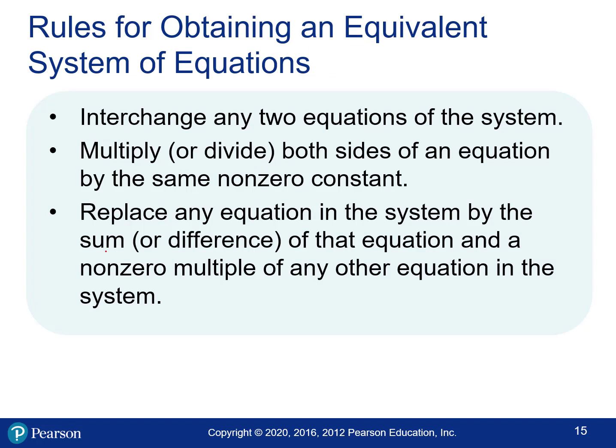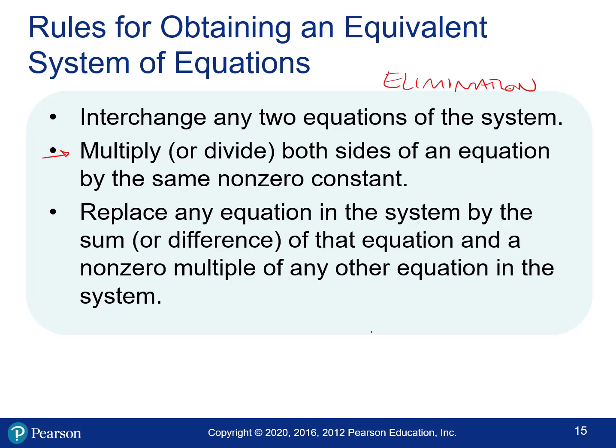All right, so let's just go back to this slide real fast and make sure that you understand your options. When you're solving a system of equations using the elimination method, you can change the way your equations look by doing these things. So you can multiply, this is what we did in our example, you can multiply or divide, as long as you do it to the whole equation, by any number, as long as it's not 0.